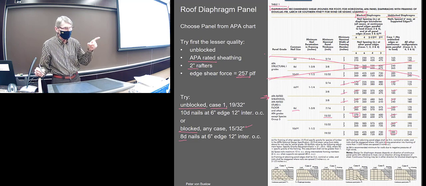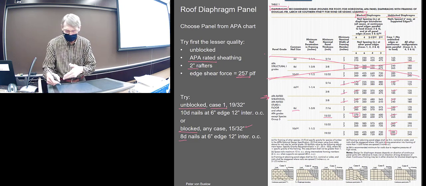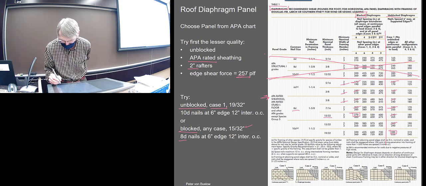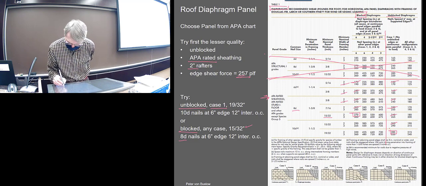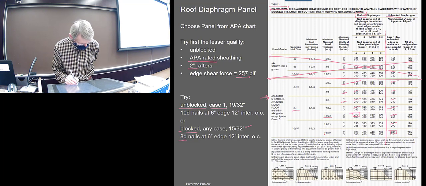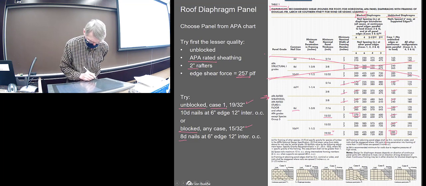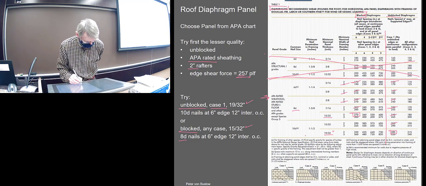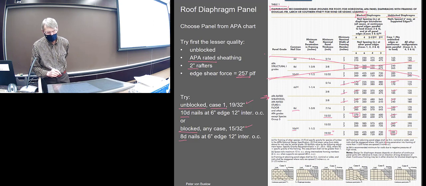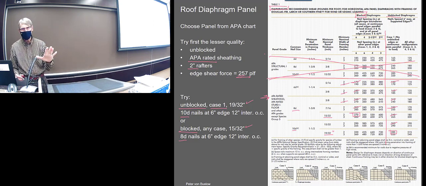On yours online, I think it actually specifies a case, so you'd know exactly what column you're supposed to go down. You have to pay attention to that. But in this case, if I was using case 1, that would be the 19/32, that one with 10-penny nails. Okay, so that chooses the panel.